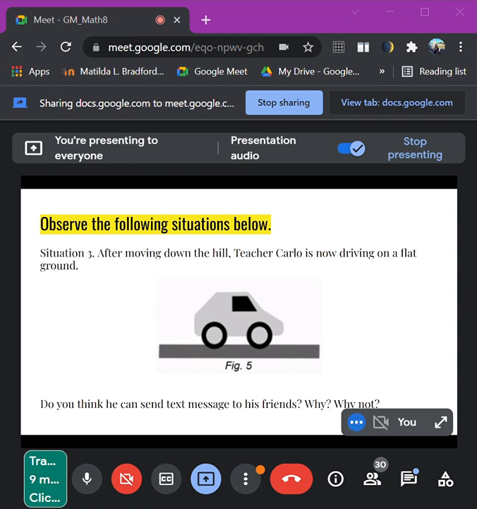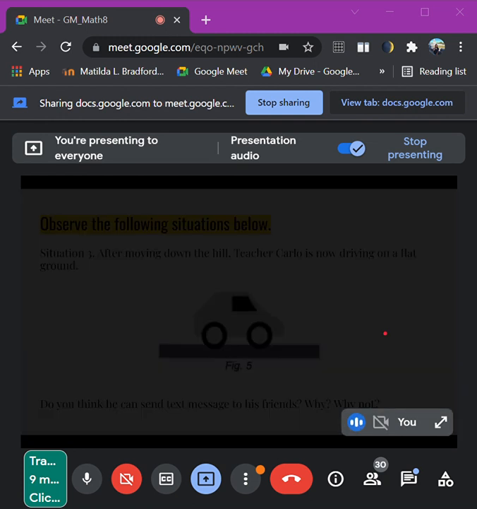Okay, that is Republic Act number 10913, or known as the Anti-Distracted Driving Act. Okay, so good job everyone. So you have there, class, in your observations, all of your answers there were correct.